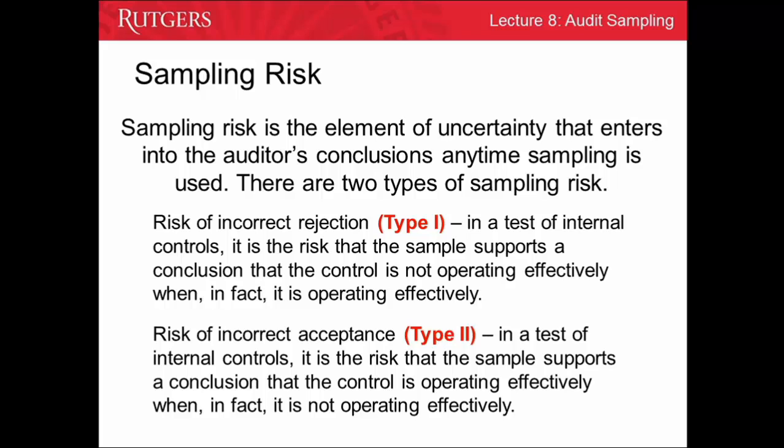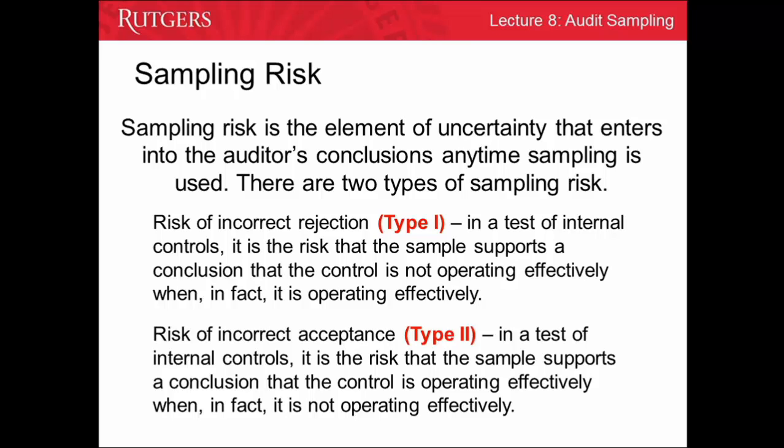The risk of incorrect rejection or a type 1 decision error relates to the efficiency of the audit. This type of decision error can result in the auditor conducting more audit work than necessary in order to reach the correct conclusion.